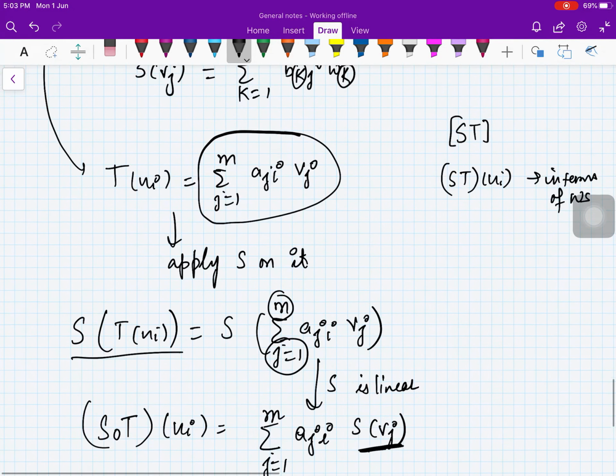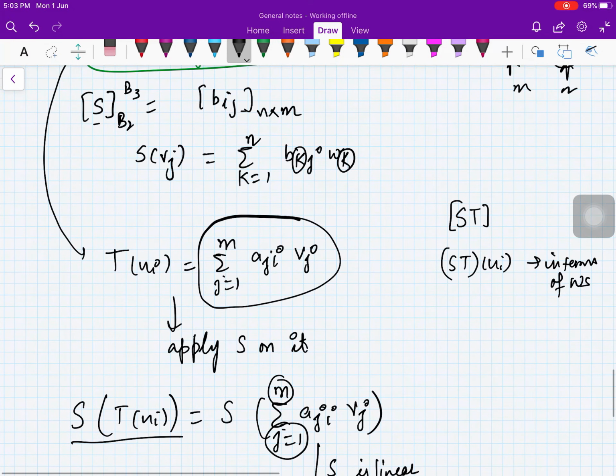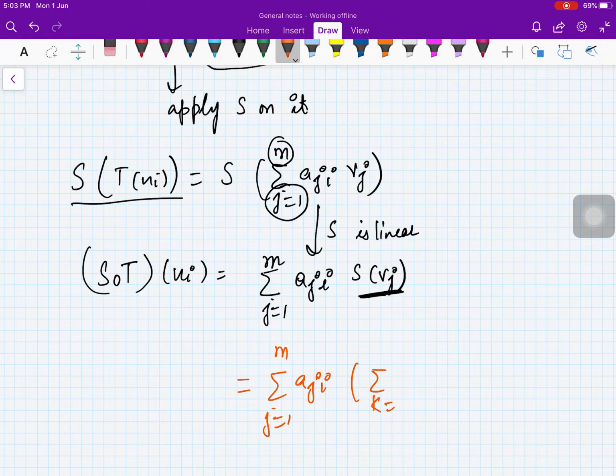Fine. Now what is S of Vj in terms of the matrix? You go back, S of Vj is this. So write it here. This is equal to the sum over J from 1 to M of AJI times the sum over K from 1 to N of BKJ WK. Why are we doing this? Because we want everything in terms of WK.